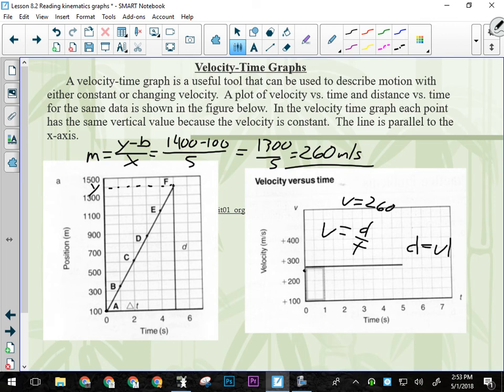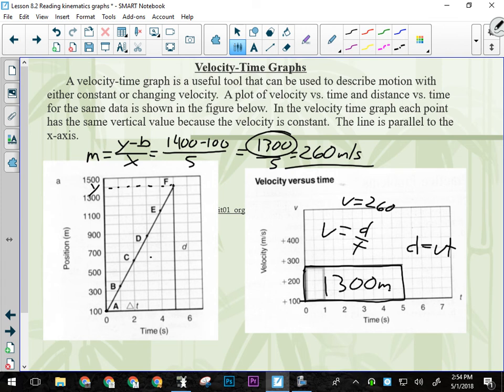D equals V times T, which is essentially the area of that rectangle. It's base times height. The base is 5 seconds, the height is 260, and I would be calculating that. And lo and behold, it's 1,300 meters, which is exactly what we said it was when we used this graph to do it. So the two graphs are, again, showing exactly the same information, just from different points of view.